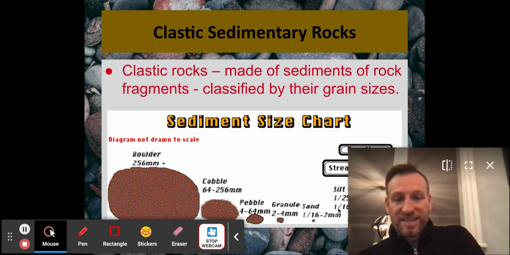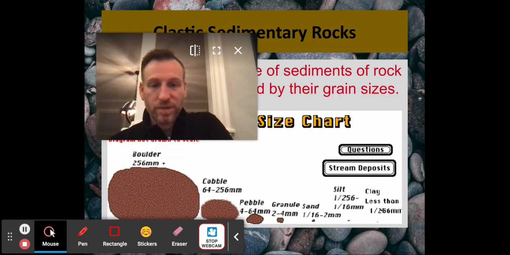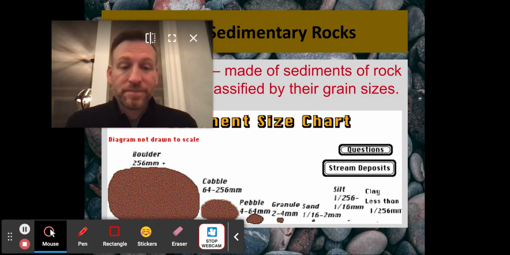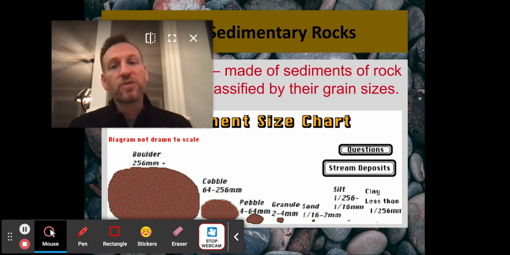All right. Down here at the very bottom, you see some of the smaller grain sizes. Clay being the smallest, then silt, then sand. So if a sedimentary rock is made out of sediments whose grain sizes are like that of clay, it's going to have a really smooth texture because the grain size is so small.